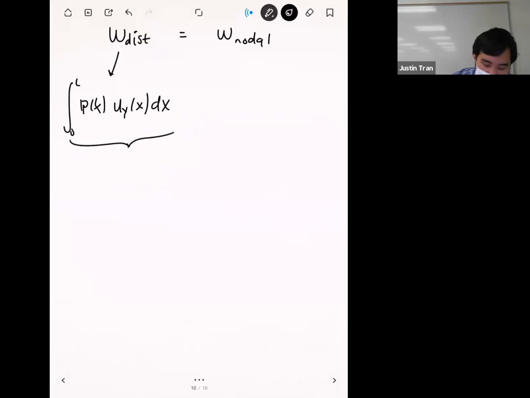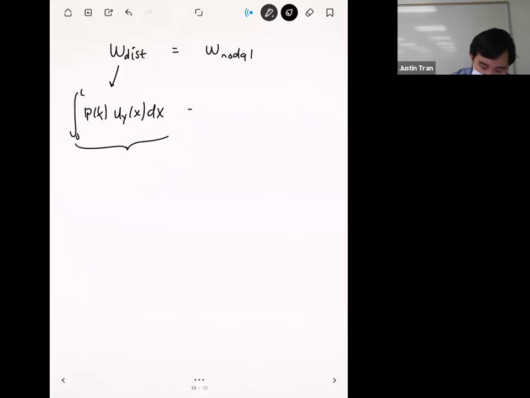And our expression for work nodal was F1y U1y plus F2y U2y plus M1 theta 1 plus M2 theta 2. That work nodal is just the definition of the work performed by our nodal forces.